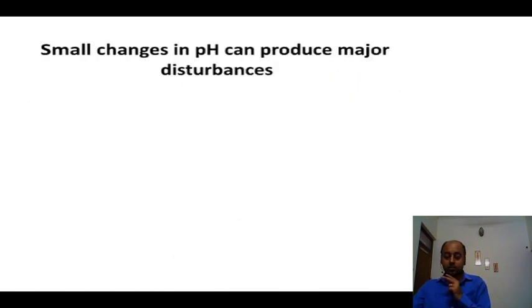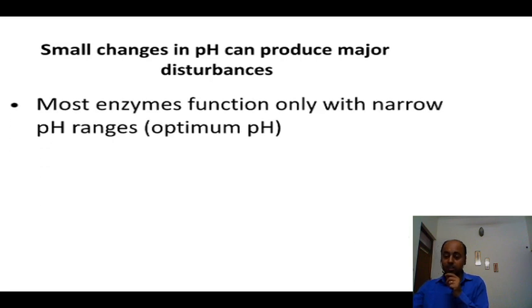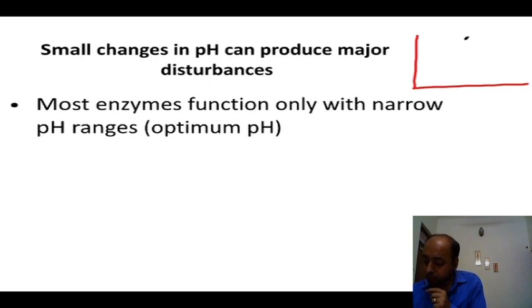Like I said, small changes in pH can produce major disturbances. That is why the body takes great care to keep the pH in a very tight or narrow range. Most enzymes function only within narrow pH ranges. Later on, when we are doing the enzymes, I'll show you there is a bell-shaped curve when we talk about enzyme activity.